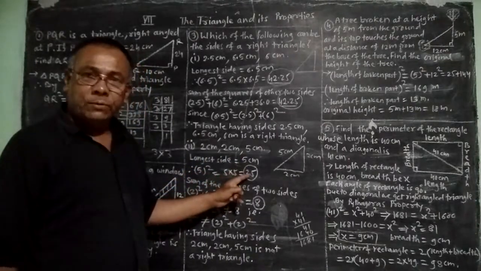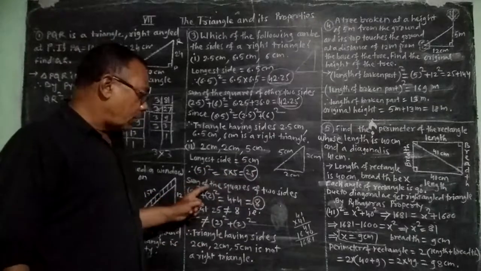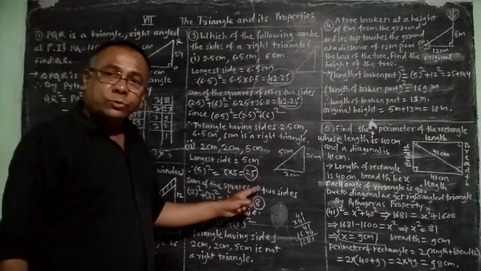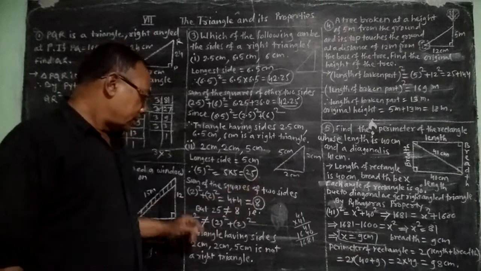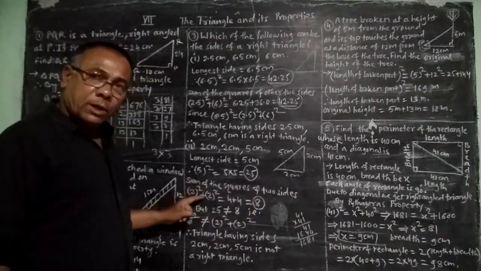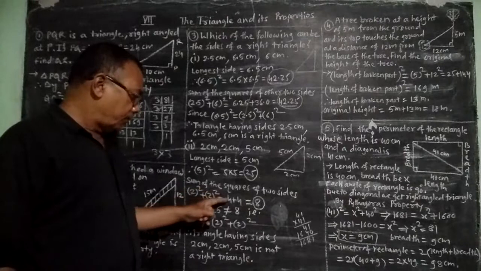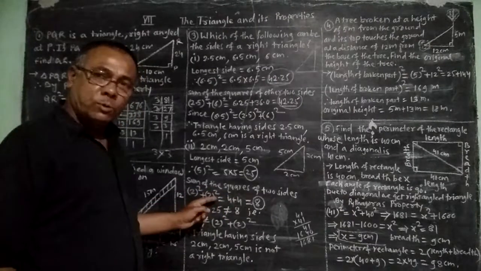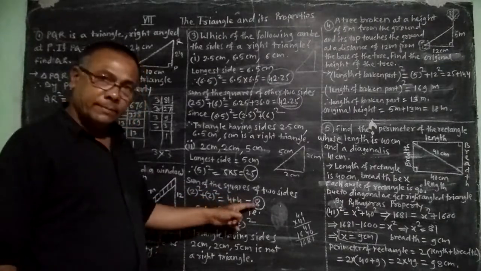that is equal to 25, and the sum of the squares of the remaining two sides is 2 square plus 2 square. It will be 4 plus 4, because 2 square is 4. So 4 plus 4 is equal to 8.